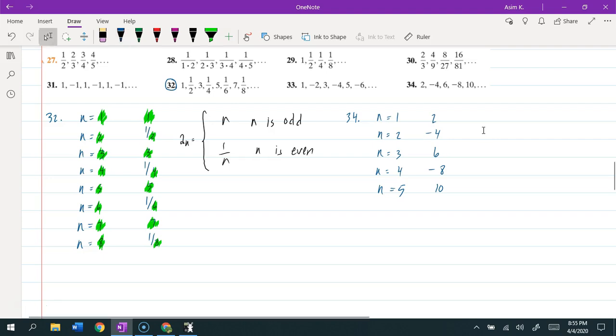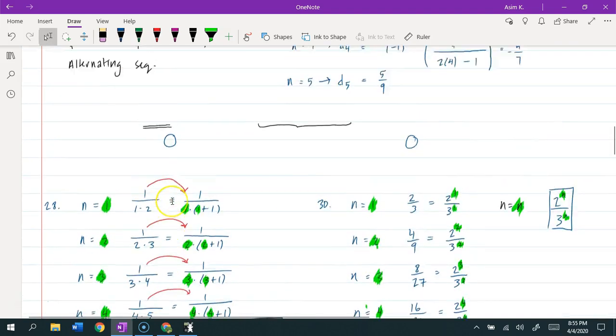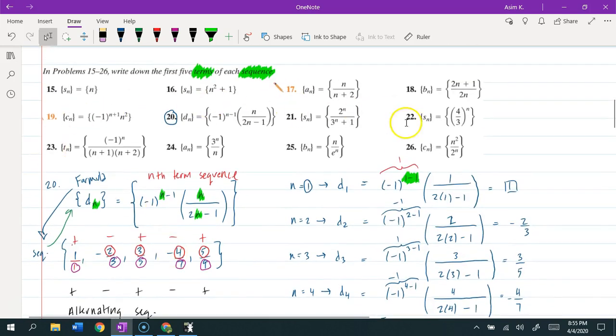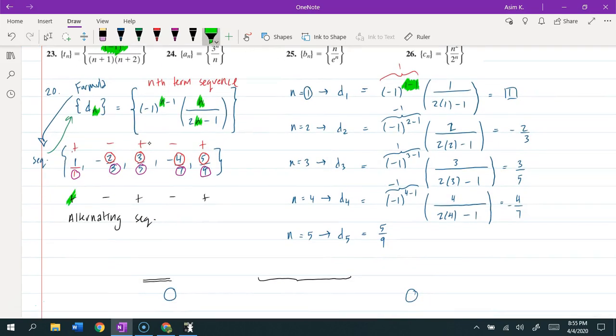But there's more to it. If you do enough of the first questions that we tried, you'll realize that every time you have a term that looks like this, this is the one that I did for you, number 20, or that right there, or this over here, it causes the signs to alternate.